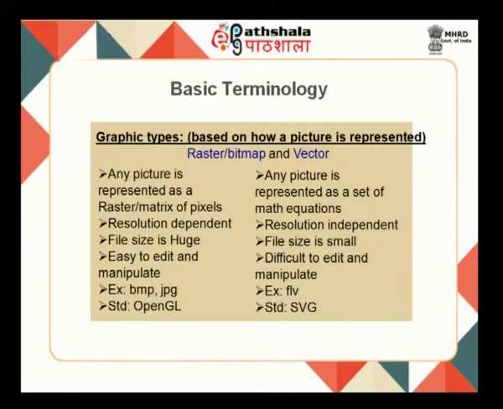A raster is basically a rectangular array of pixels, which is a matrix of pixels, and that is how a raster is represented. It is resolution dependent. Let us look into the attributes of the raster graphic. To understand this resolution dependency, we have to look at an image that is displayed.